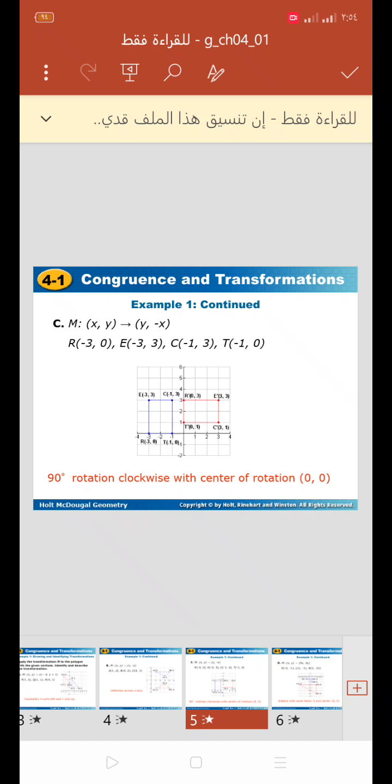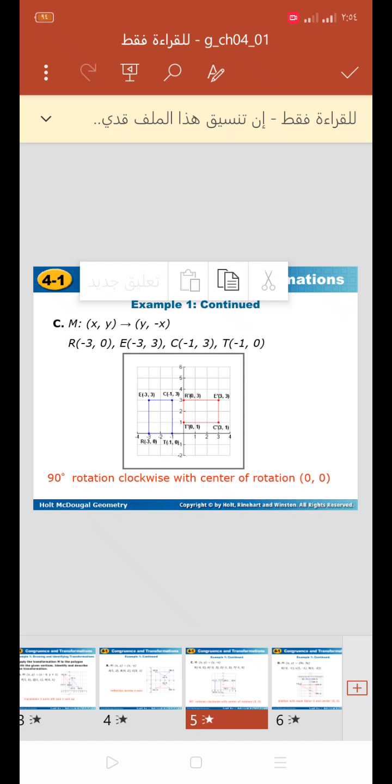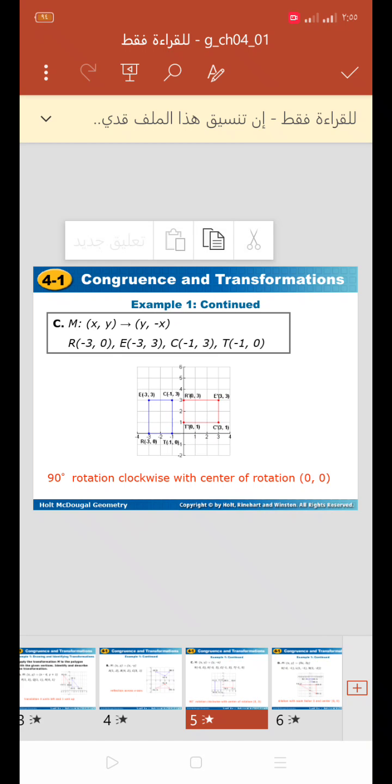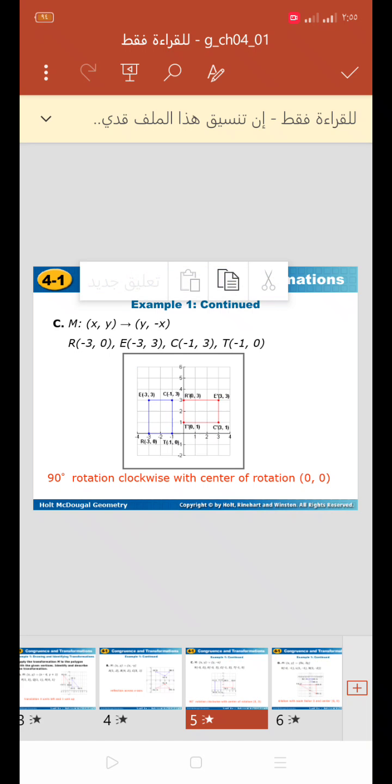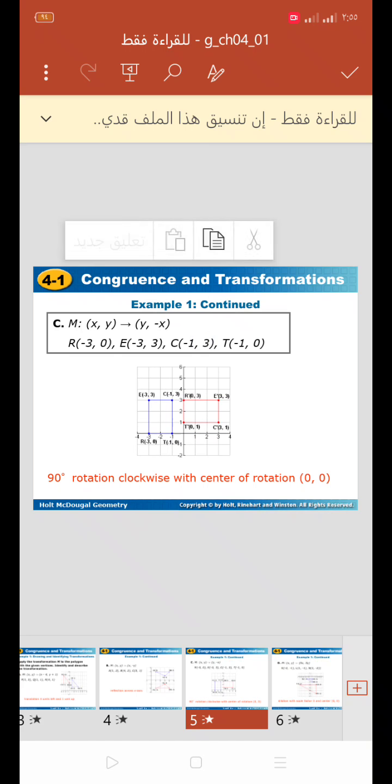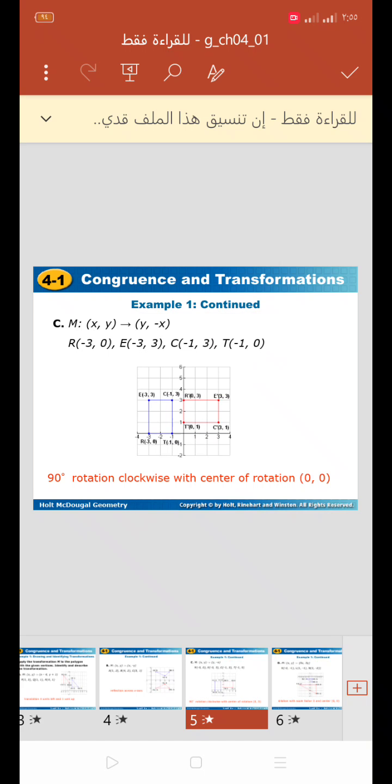So R dash is (0, 3). For E, swap and change the sign for x, so E dash will be (3, 3). C dash will be (3, 1), and T dash will be (0, 1).